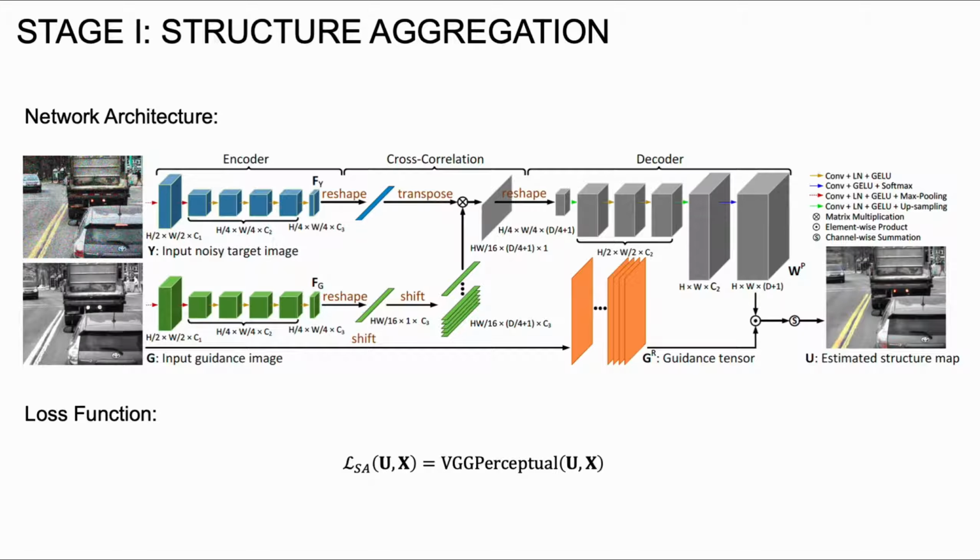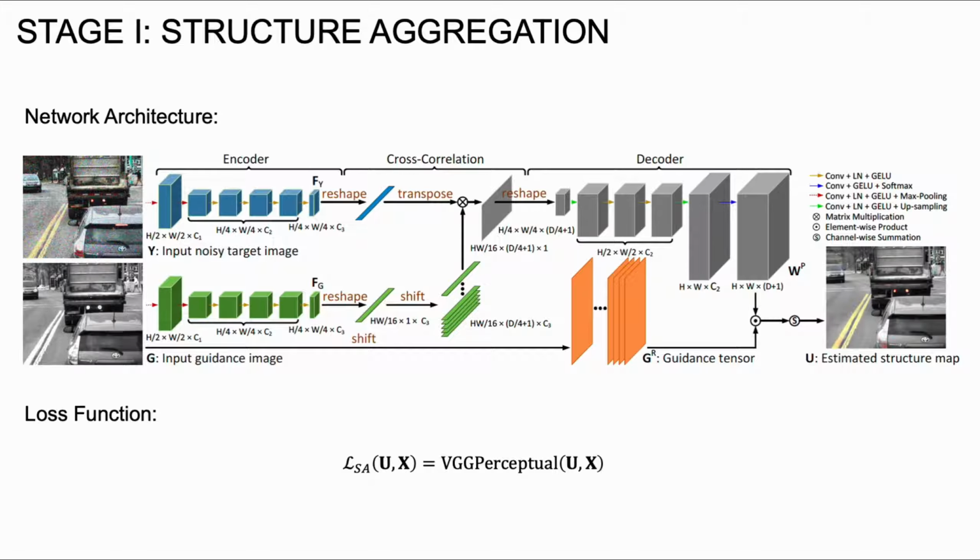First, two identical encoders extract two feature maps from the input images, respectively. To evaluate the feature-wise correlation between the target and the guidance images within the range of the maximum disparity, we circularly shift the feature map of the guidance image to compute the channel-wise cross-correlation with the target one. Then, the correlation map is fed into a decoder to compute the perceptual weight before computing the structure map.